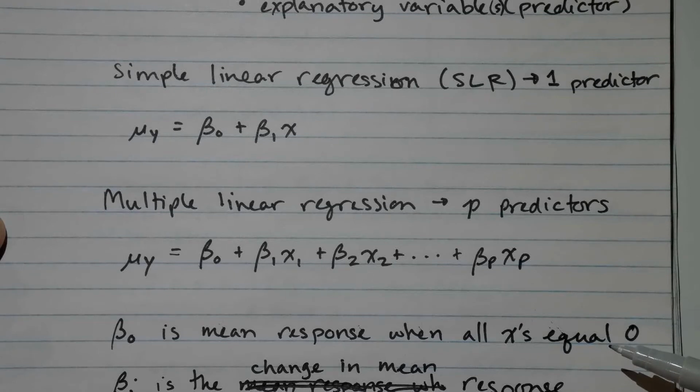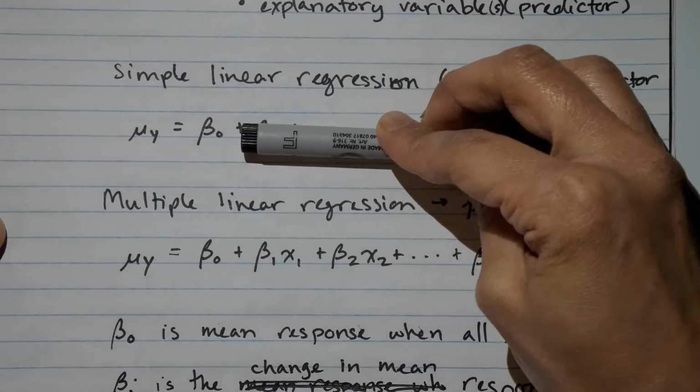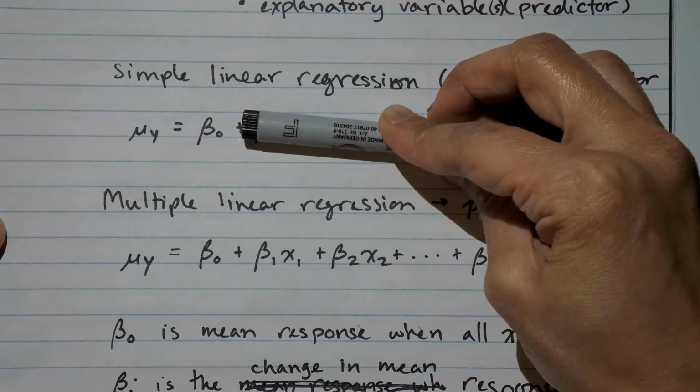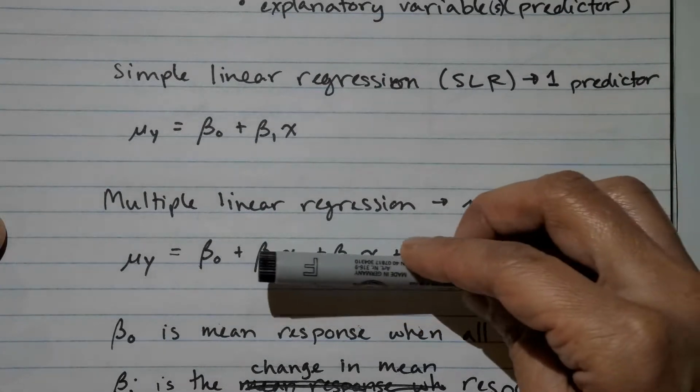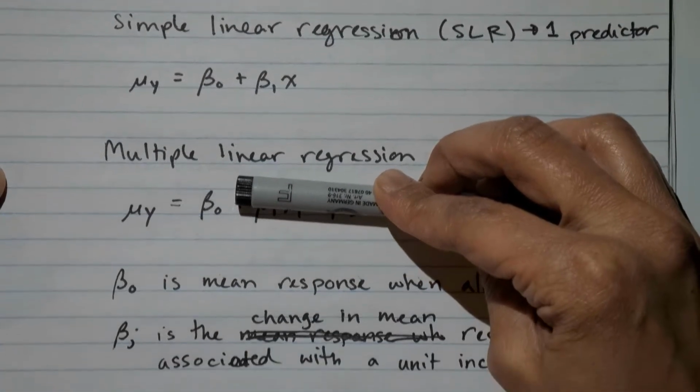So if we're in the case of simple linear regression, that's like saying if x is equal to 0, then the second term drops and we're left with beta naught. In multiple regression, all x's are equal to 0, so all of these terms drop and we're left with beta naught.